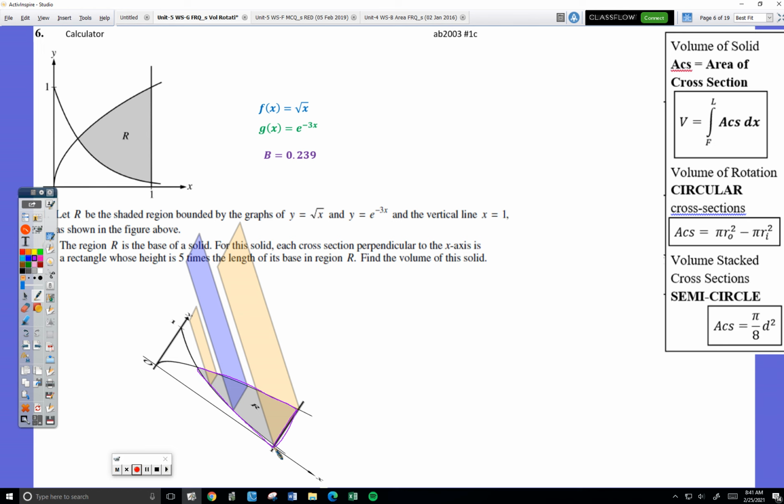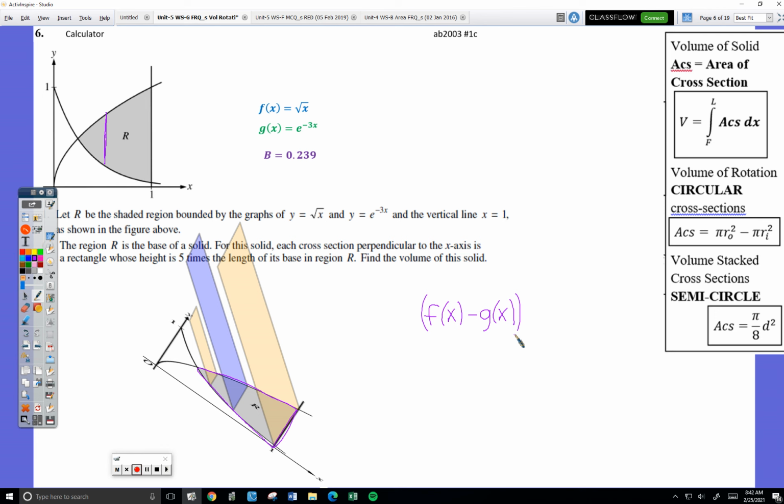Now the slices that sit on the region are rectangular. You with me? It's not hard though. The edge of the rectangle is right here. The edge of the rectangle is still f subtract g.